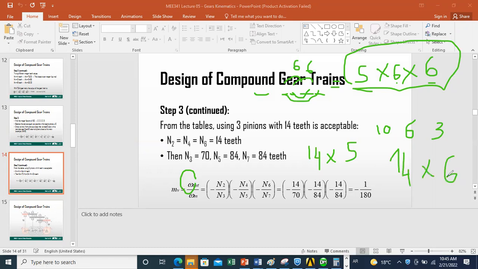So for my 3 pinions, I take them identical with 14 teeth, because this allows me to have a lower possibility of interference.